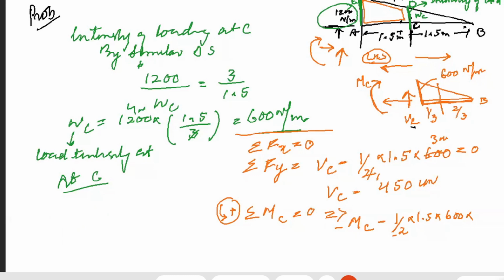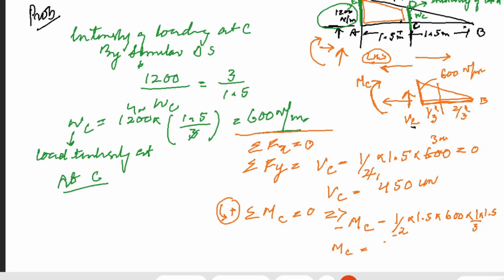Is this correct now? Yes, 1 by 3 multiplied by 1.5. Okay, therefore we can see our MC is equal to, and what else is there?